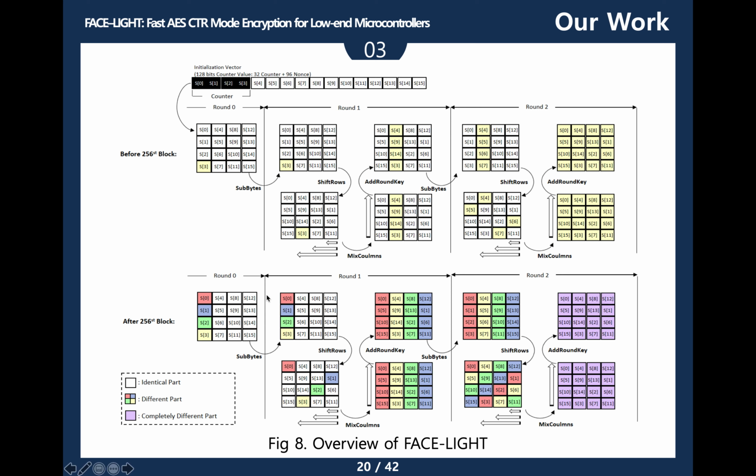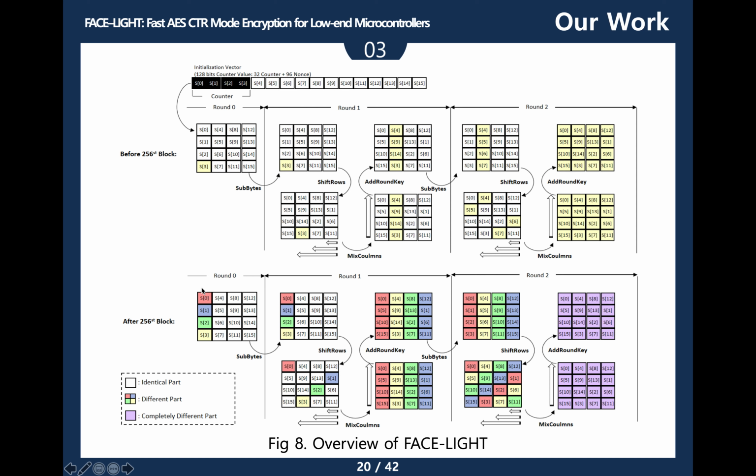If we take a look at the S0, this red value, we can see that the value only affects other 4 bytes before the mixed column operation in round 2 here, and which only get affected by S0, S1. This is same with S1, S2, and S3.